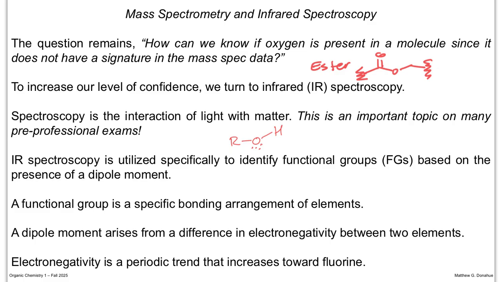We know from electronegativity and the fact that oxygen has lone pairs that oxygen's delta minus, hydrogen's delta plus. So by assigning that partial charge, we can then write a dipole, so a dipole moment. So that would be a bond dipole. And it's a permanent dipole because that's a covalent bond.